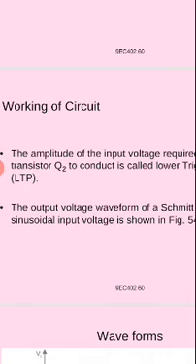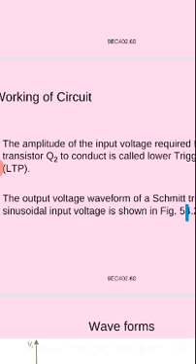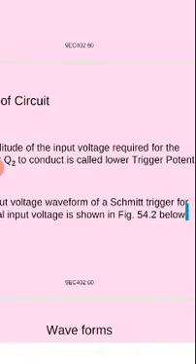The output voltage waveform of the Schmitt trigger for sinusoidal input voltage is shown in the figure below.